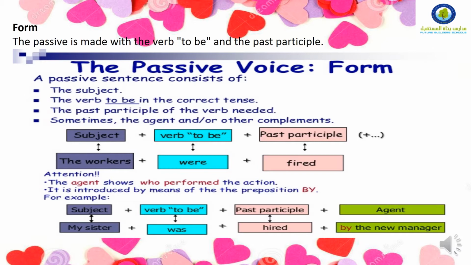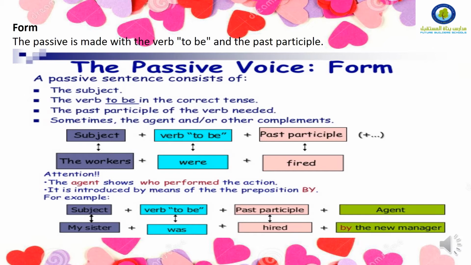So you bring the object of the active sentence, then you add one of the verbs to be, then you add verb 3 of the verb. And you can add, as I said, by if the agent or the subject is known, by Ahmad, by Ramzi, by Rami, لكن by someone or by people or by the man, we don't add this because it's not known to you.